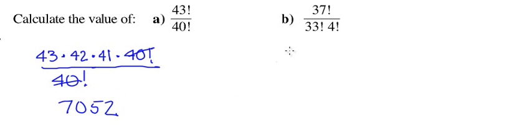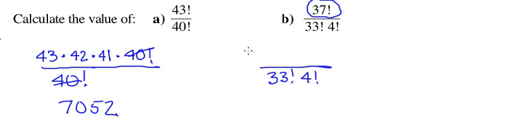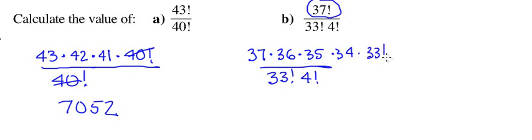Okay. In B, if we want to simplify, again, this 37 is the biggest factorial, so let's see if we can get that to cancel against the 33. 37 factorial, we'll leave the denominator alone for the moment, is peel off the 37, and the 36, and the 35, and the 34, and then we'll leave 33 and everything below it in the factorial.